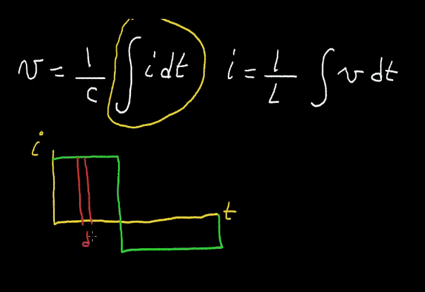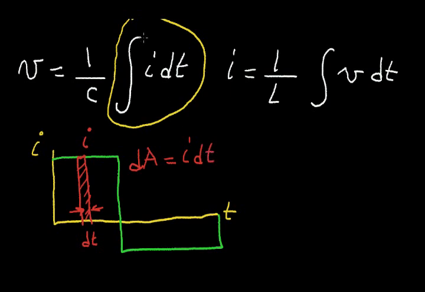So I have dt, which is this little moment in time, a very tiny bit of time. My current at this point is, I'll call it I. So the area of this little sliver, a very small little slice of area, I'll call it dA, is equal to I times dt.